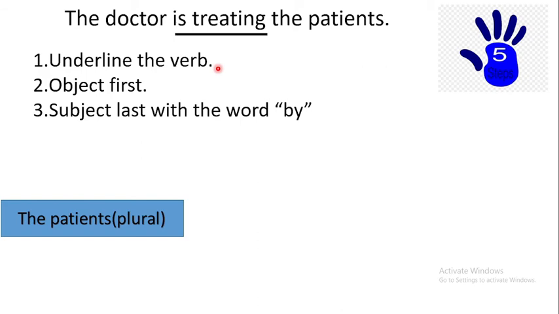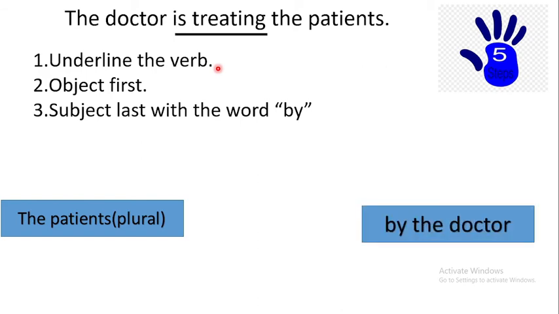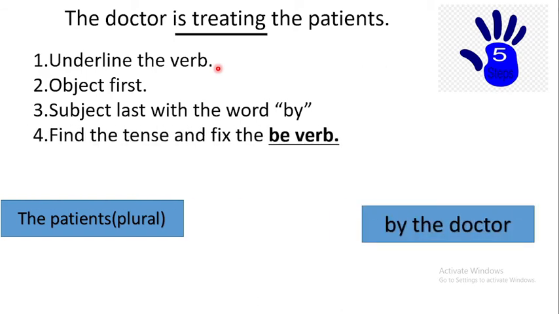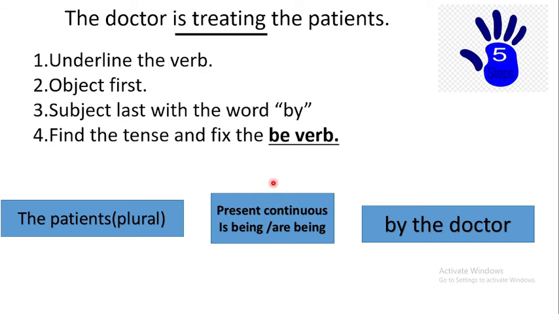Subject last with the word by. Yes, by the doctor. Find the tense and fix the be verb. Tense, ing sound. So present continuous tense and the be verb is being or are being.